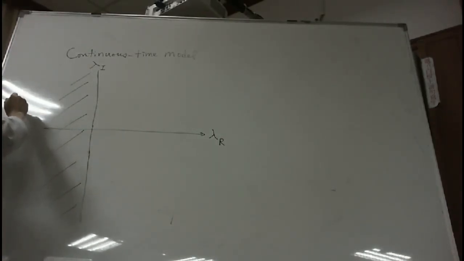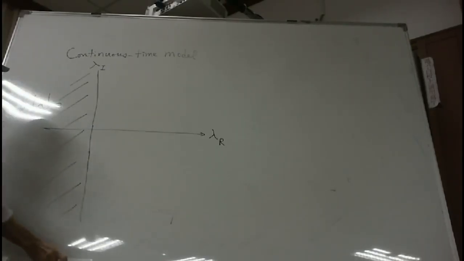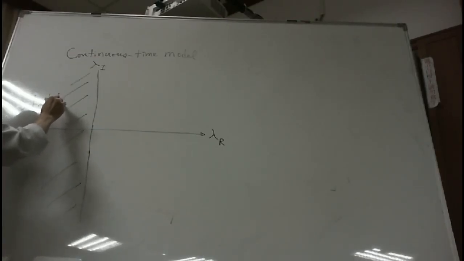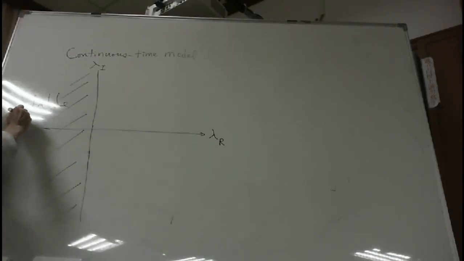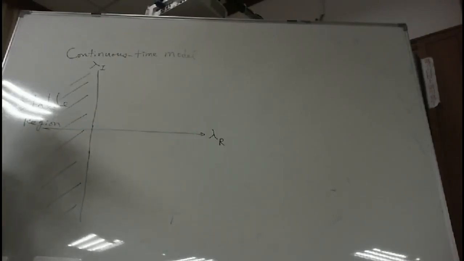So this is a stable region. If the real part of your eigenvalue is positive, they're unstable. Agree?